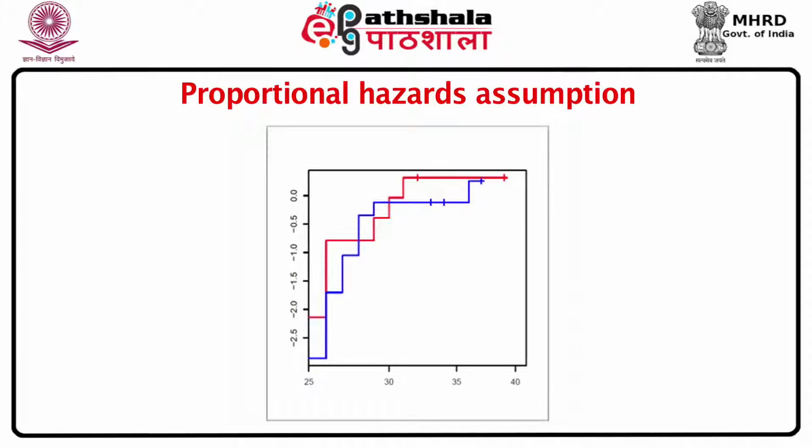We can check this perhaps graphically by getting the Kaplan-Meier estimator separately for the two groups. For example, the assumption of proportional hazards would be ruled out if we can see that these Kaplan-Meier estimators cross.